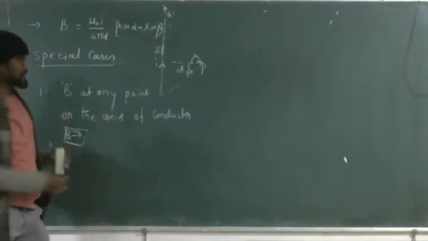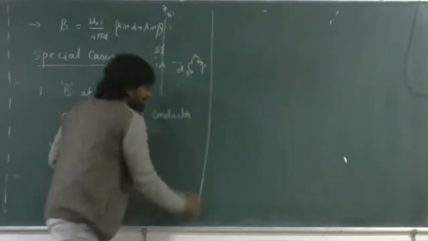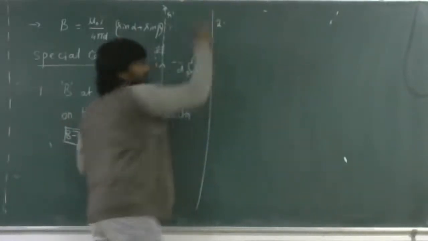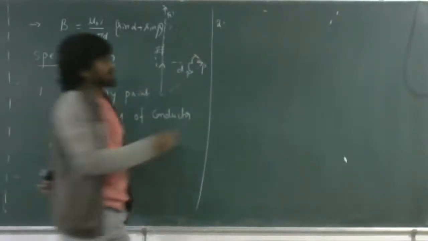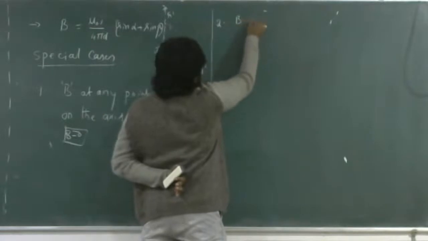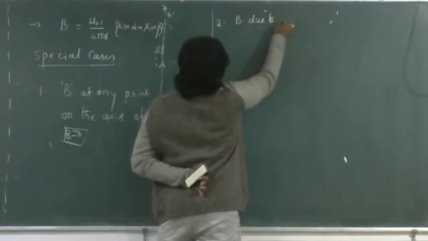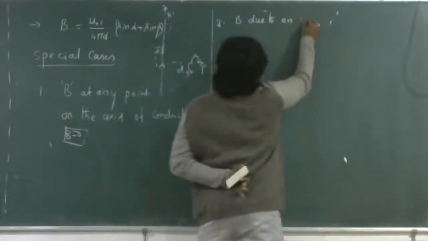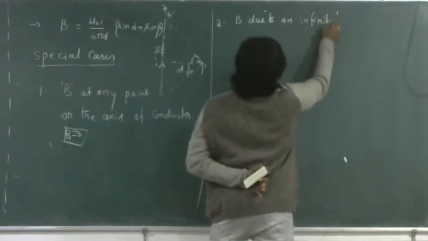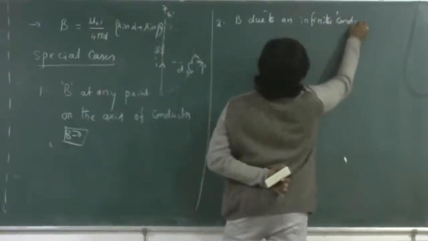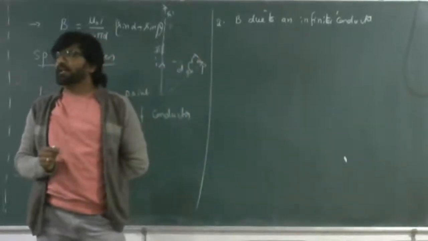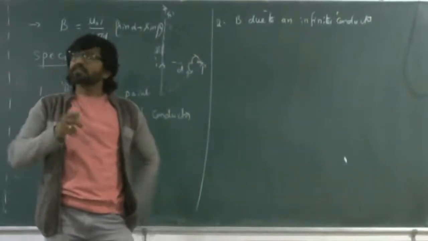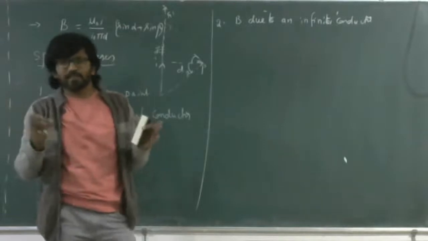Right. Next, another special case is magnetic field B due to an infinite thin current carrying conductor. That is also important. Thick conductor means again the scenario will change.